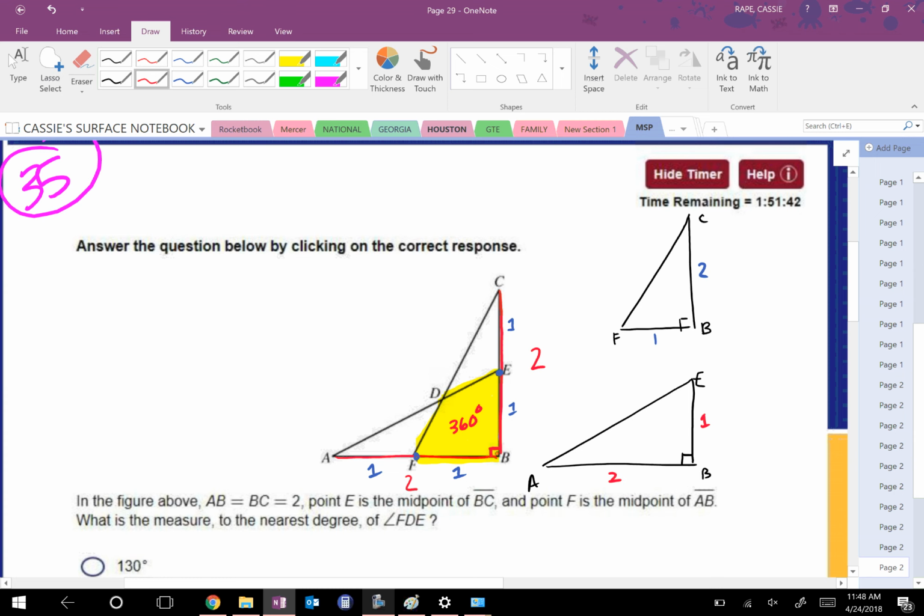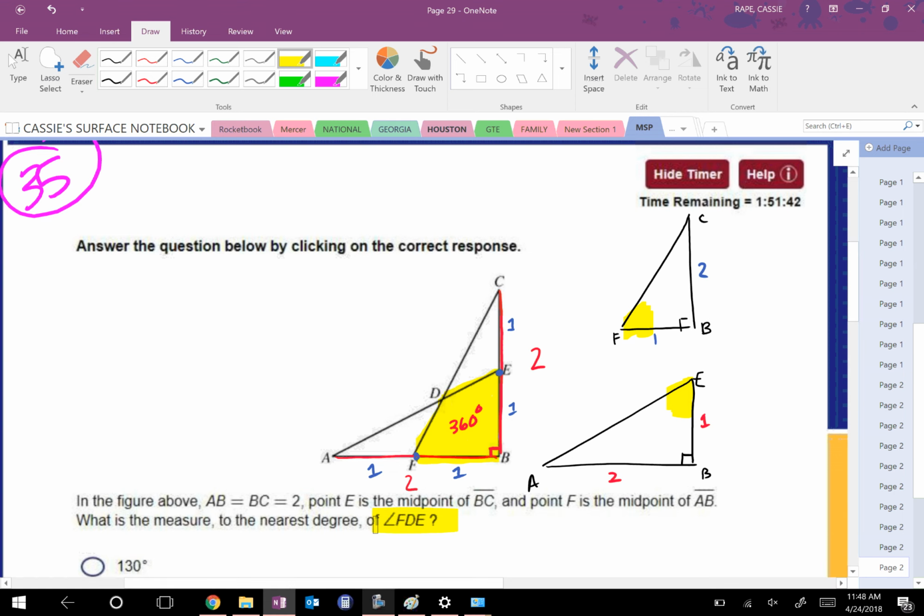If I had the angles at E and F, which are angles of these two right triangles, then I would have 3 of the 4 angles, which means I could subtract from 360 and find that angle FDE I am requested to find.